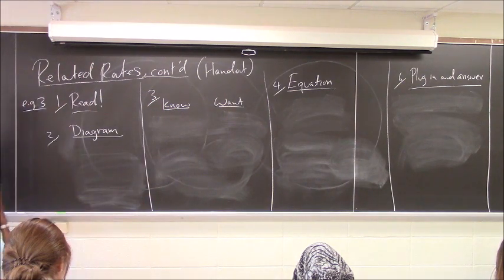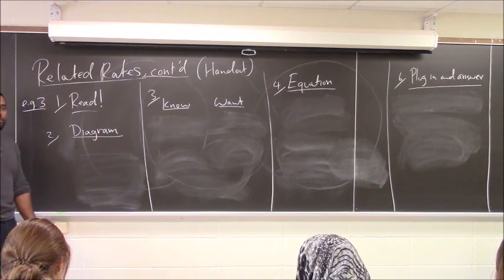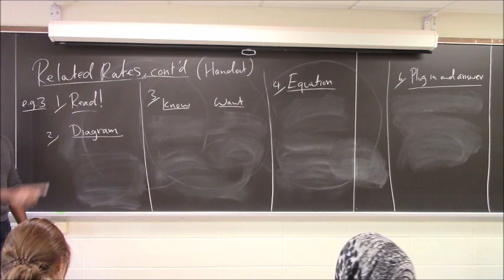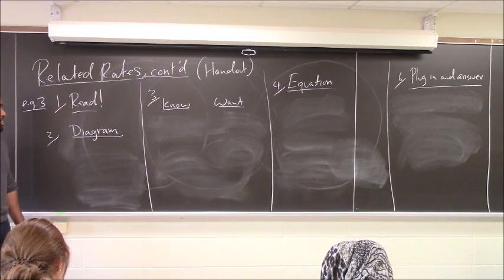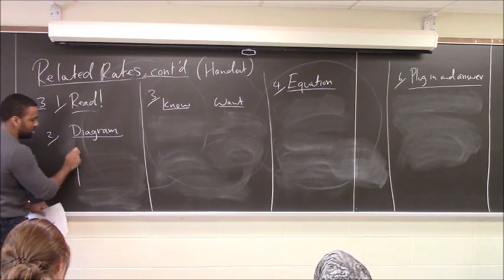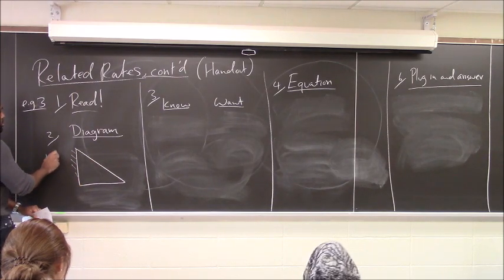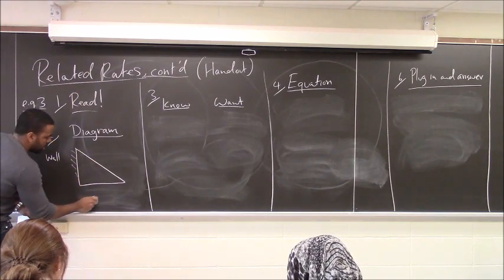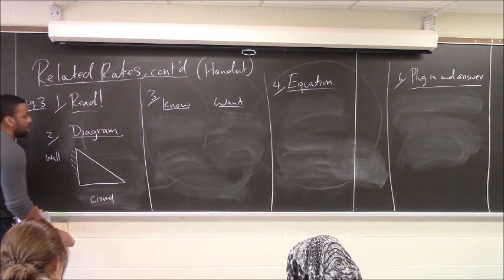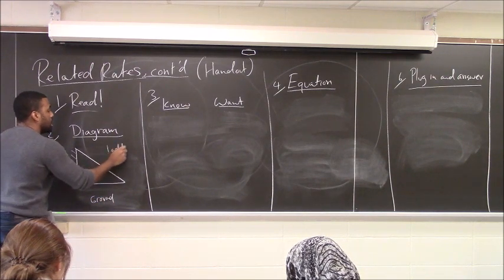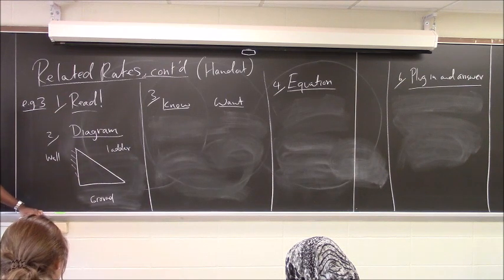So, what would you say is the diagram here? It's a right triangle. So, here's the wall, the vertical wall. Over here would be the ground, and over here is the ladder. Now label this diagram. How would you label this diagram?